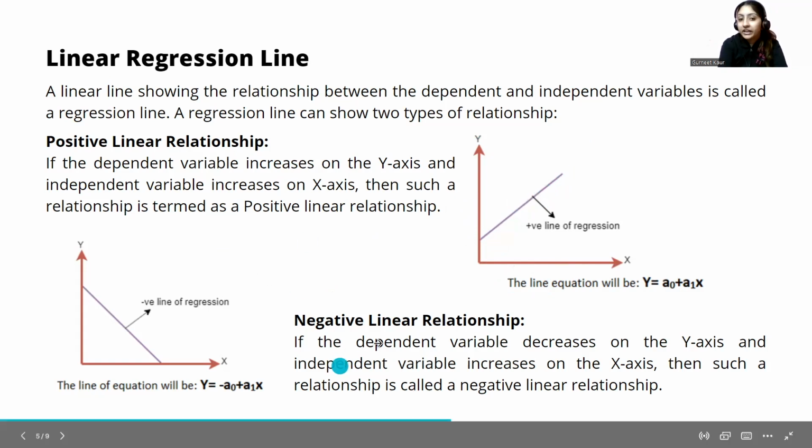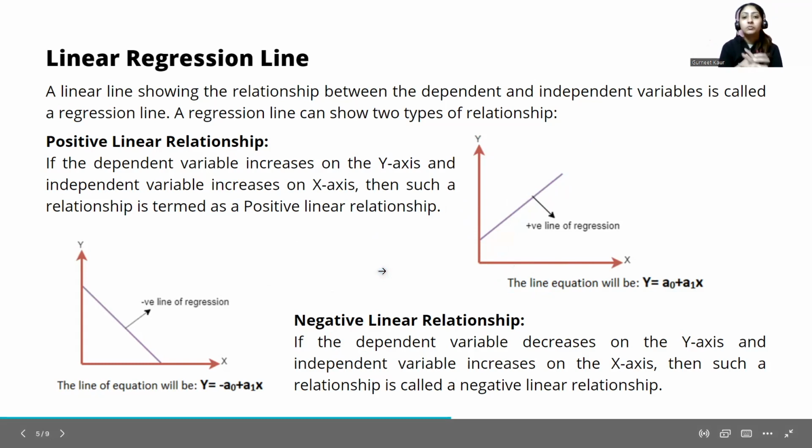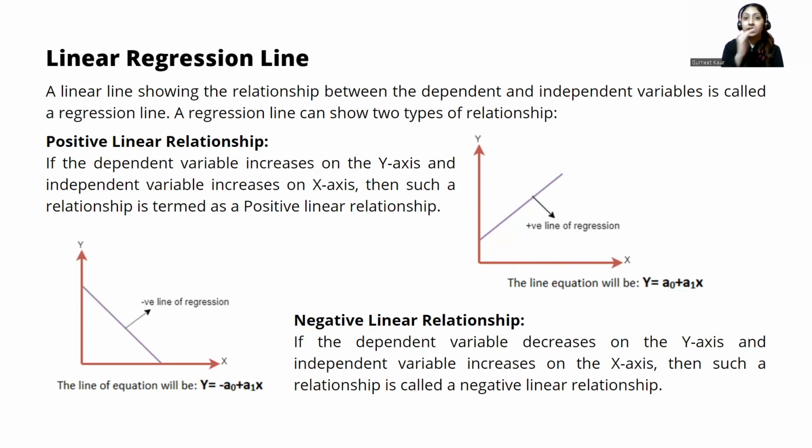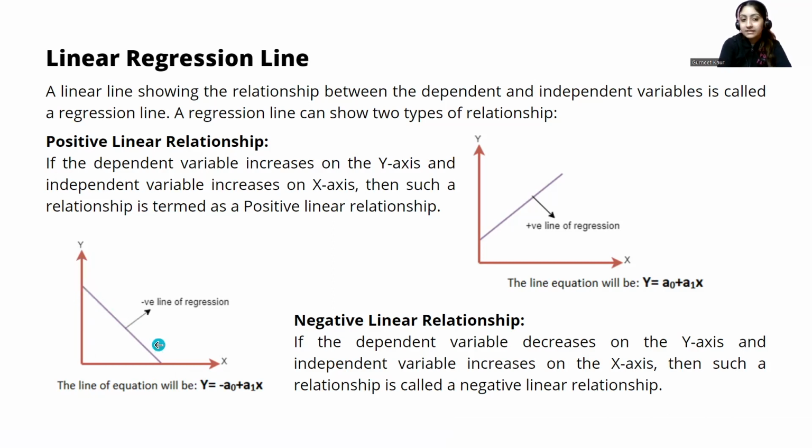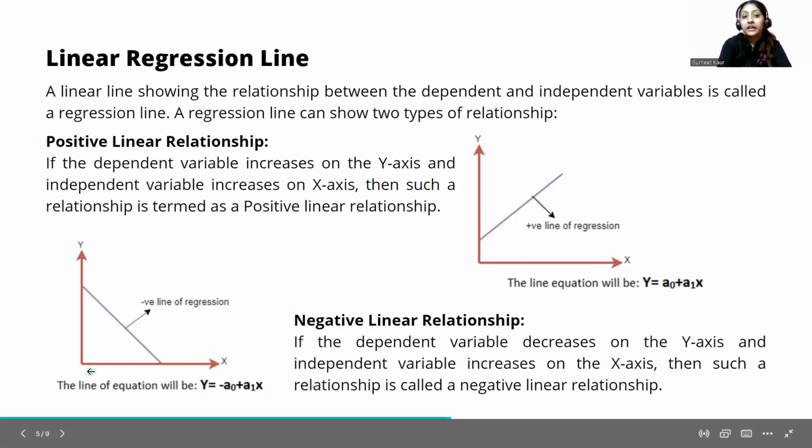And then we have a negative linear relationship, which means that if the dependent variable decreases on the y-axis and the independent variable increases, then the relationship is called a negative linear relationship. As you can see in this graph, the dependent variable is decreasing on the y-axis, while the independent variable is increasing on the x-axis.